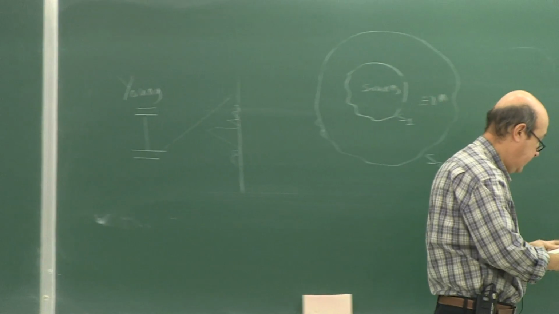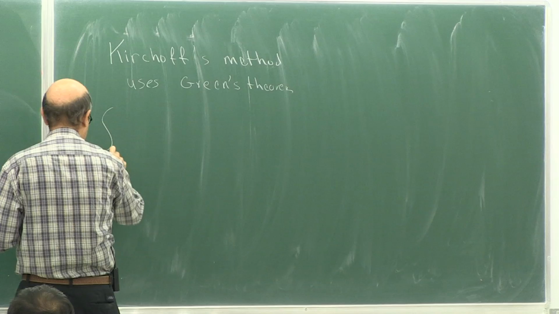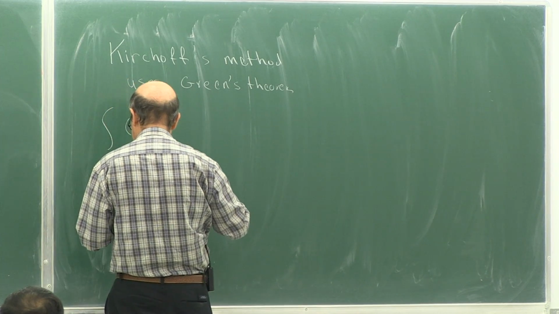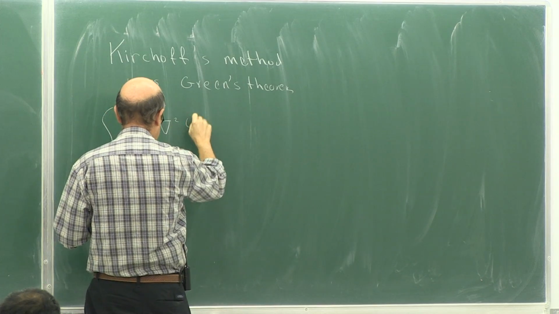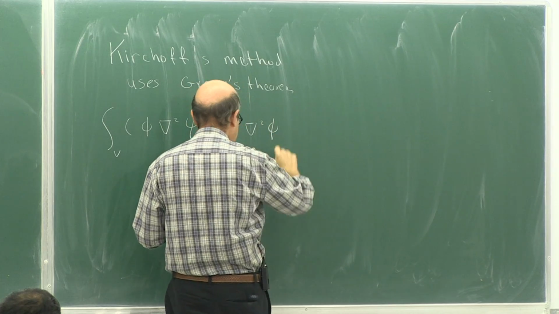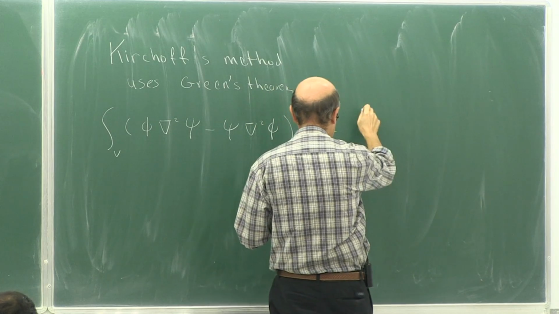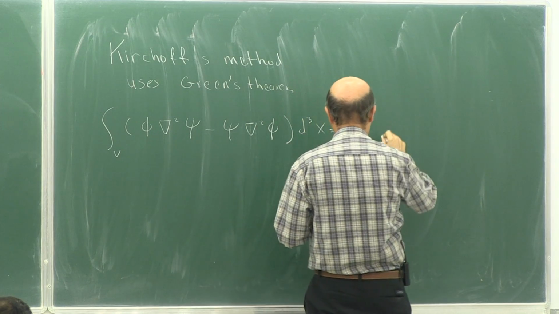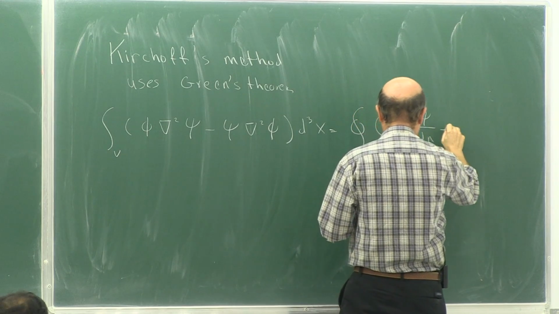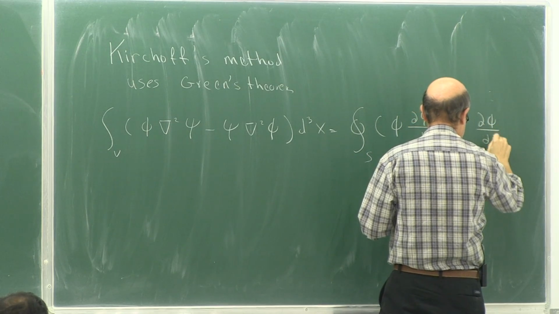So let us remember Green's theorem. Green's theorem tells you that the volume integral of phi Laplacian of psi minus psi Laplacian of phi is equal to a surface integral of phi del psi over del n minus psi del phi over del n.